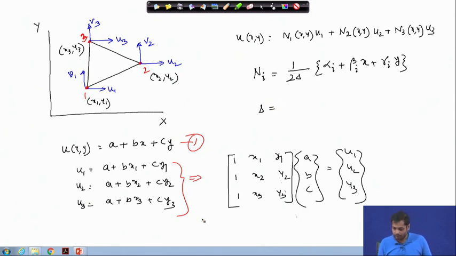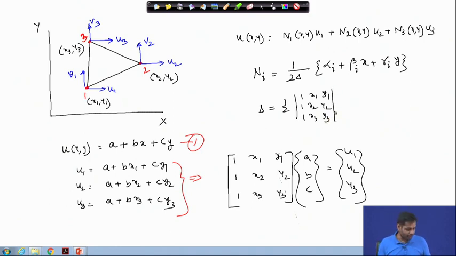If you recall, the area of this triangle will be half of the determinant of [1 x1 y1; 1 x2 y2; 1 x3 y3]. So, the determinant of this essentially gives you delta.